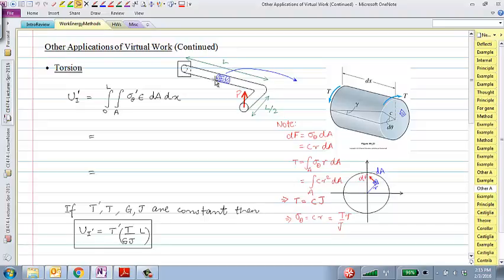Okay, let's see how we can account for torsional energy. You can imagine really that when I apply this load P, I can apply this equivalent load P right at this point. I could take this load, move it here, and apply a corresponding moment at that point. And that would be simply the same effect as a cantilever beam with a tip load that would undergo bending deformation.